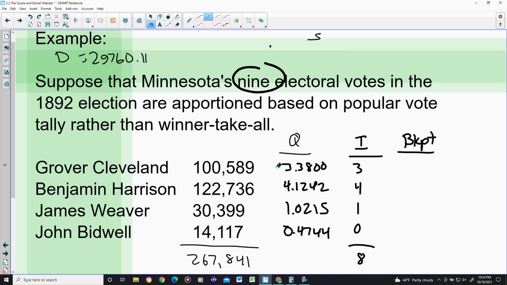Instead of needing it to go all the way to 4, we just have to go to 3.5. So to calculate the breakpoints, we are going to do population divided by n plus 0.5 rather than 1, because the difference in the allocation is now going to happen at 0.5 rather than at the whole number. Because these numbers all get rounded down, you can simply add the 0.5: 3.5, 4.5, 1.5 would go to 2, and 0.5 would go to 1.